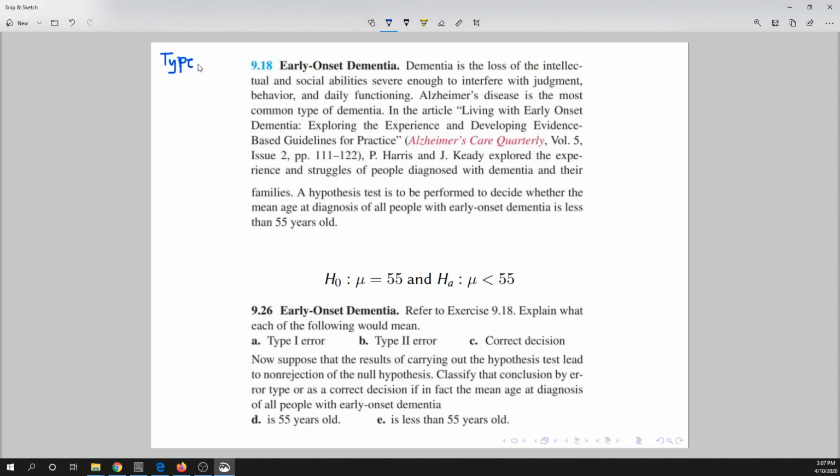But just briefly, a type 1 error is when we reject a true null hypothesis.